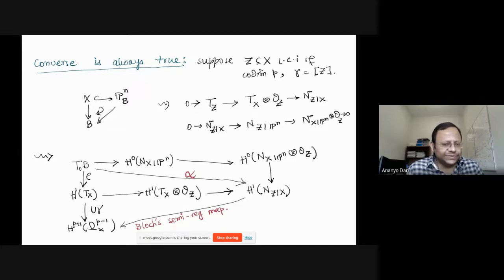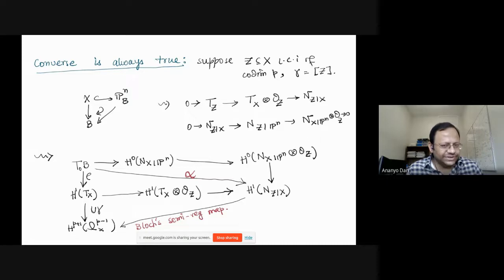If you fix a Hilbert polynomial, this B will map to a Hilbert scheme, by the universal property of the Hilbert scheme. And similarly, the tangent space will also map to the tangent space of that corresponding Hilbert scheme. And we know what the tangent space to a Hilbert scheme is.